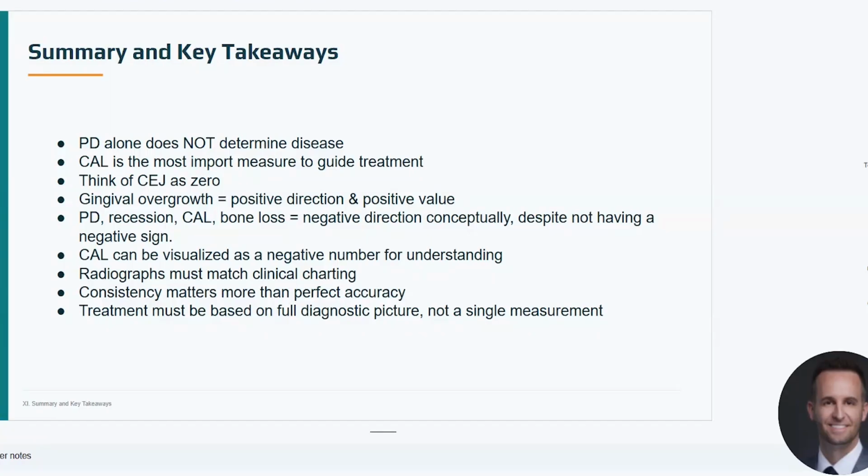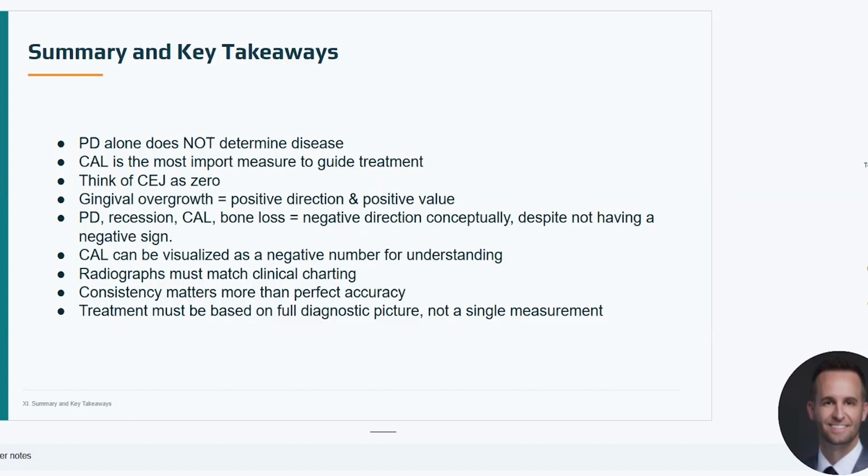So just as a summary, probing depth alone does not determine disease. Clinical attachment level is the most important measure to guide treatment. Think of the CEJ as 0 on the vertical axis. Gingival overgrowth, we're going to think of as a positive value on that axis.